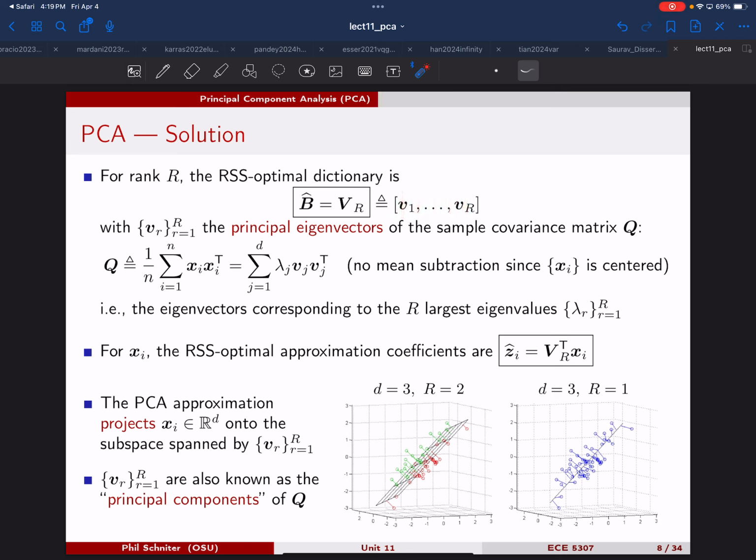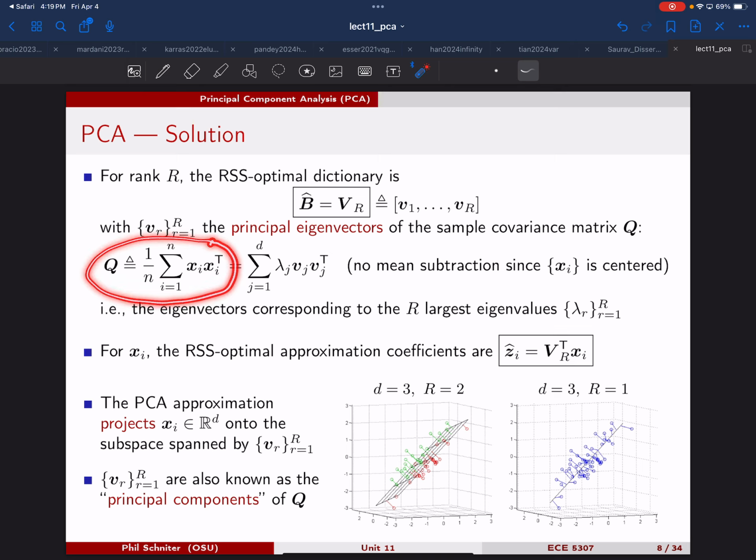And the sample covariance matrix is something we talked about way back when we were talking about statistics, covariance. And we're not subtracting the mean here because we already subtracted the mean. That was one of the assumptions, that we have basically zero mean data. The sample mean has been subtracted out. So therefore, this is the covariance matrix.